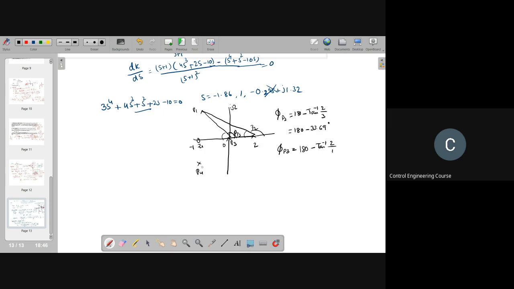And then what we need is with respect to P4. P4 anyhow we don't need to calculate. It is 90 degrees. 5P4 is 90 degrees. And 5Z1 is also 90 degrees because all are in the same line.